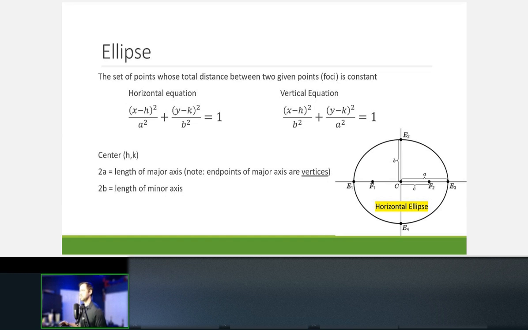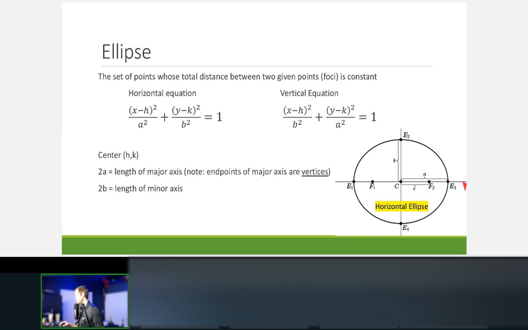All right, this is from your previous ellipse lessons. I'm going to skip this, but this is just a copy paste of those slides just to show the 2 equations, whether it's horizontal or vertical, and then a diagram labeling all the parts. Just to quickly review this diagram, these points here and here, those are the minor vertices.